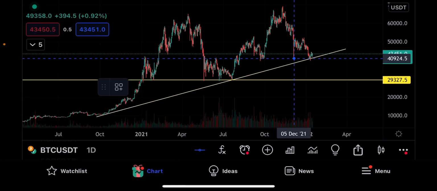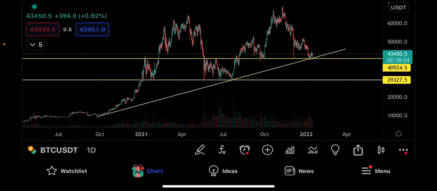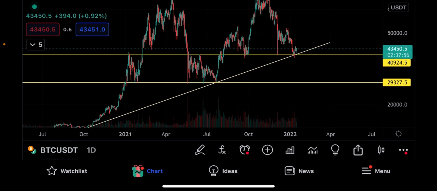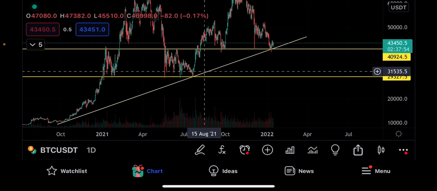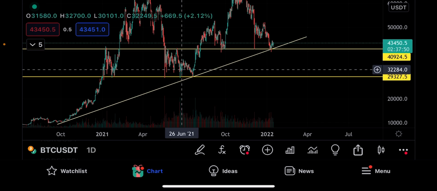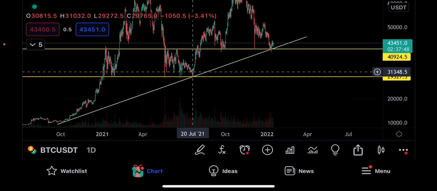Here, take a look at the yellow line at 29.3k and 40.9k. They are very similar. Look at this structure, and look at this structure. We came here and we consolidated a bit, and then we came and touched this line again.